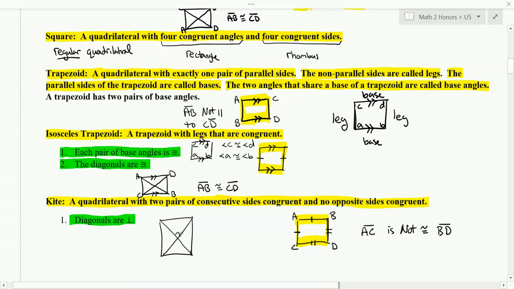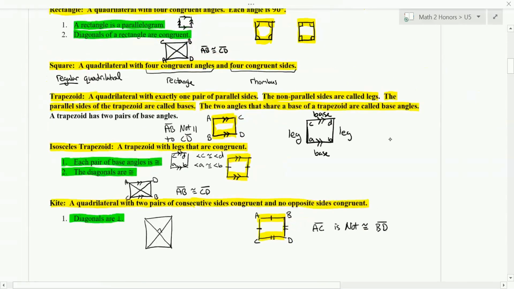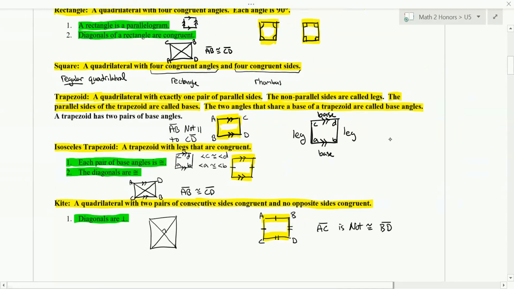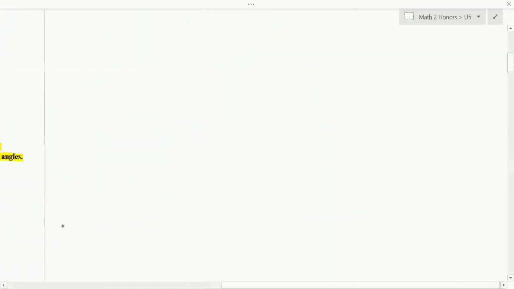All right. So I want to give you just a diagram that shows how all this is connected to each other. You have a little space at the bottom of your paper, or you can put this somewhere else. But it'll be nice for you to have the big picture in mind. So quadrilaterals is what this is about. If you have a quadrilateral, you can go a few different directions.